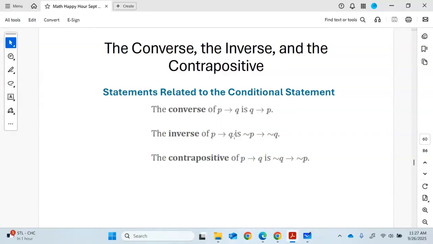So if you have P implies Q, the inverse is going to be not P implies not Q. And the contrapositive, this is when you do both. You interchange the consequent and the antecedent, and you also negate them.